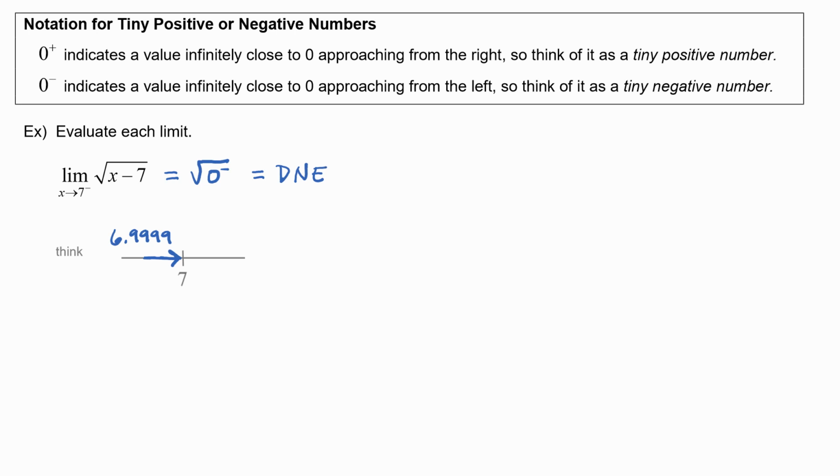Now, compare that to the limit as x approaches 7 from the right of the square root of the quantity x minus 7. This time, since we're approaching 7 from the right, we are coming in this way.